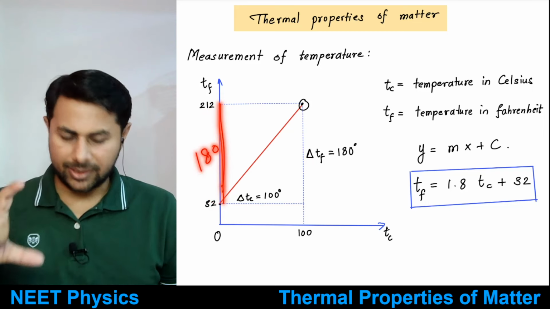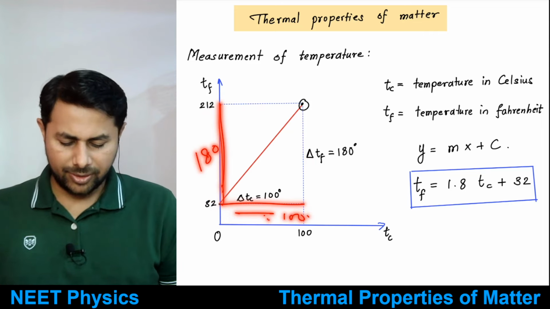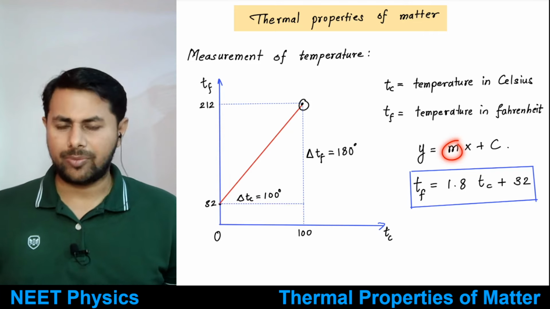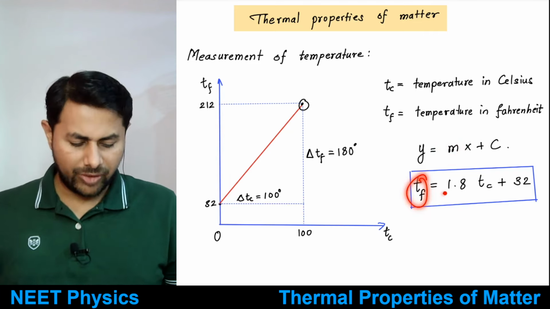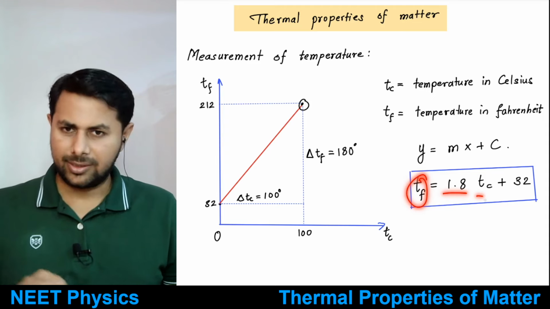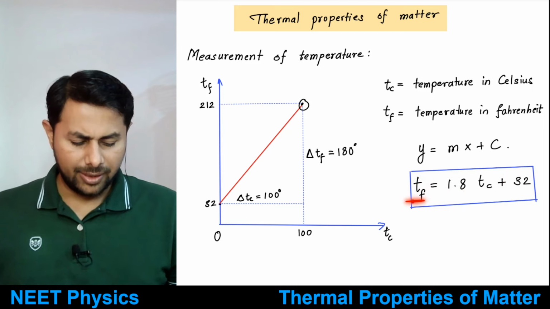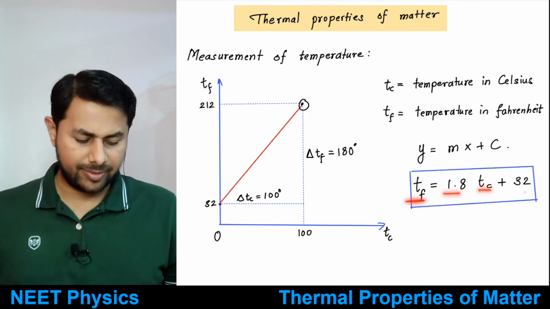So divide 180 by 100, you get 1.8. So m is equal to 1.8, and therefore temperature in Fahrenheit is equal to what? 1.8 times temperature in degree Celsius plus 32. Temperature in Fahrenheit is 1.8 times temperature in degree Celsius plus 32.